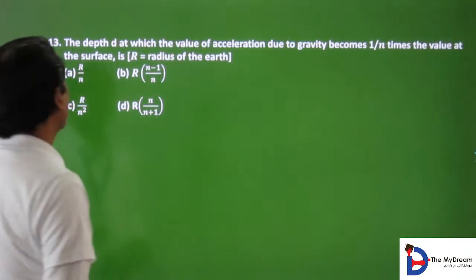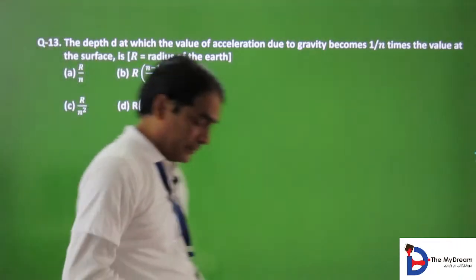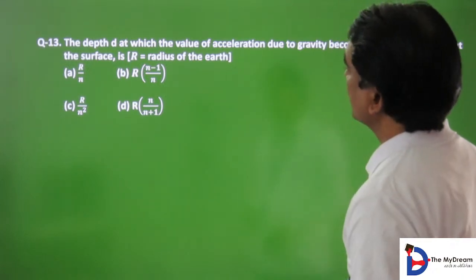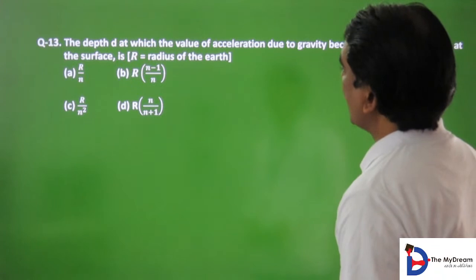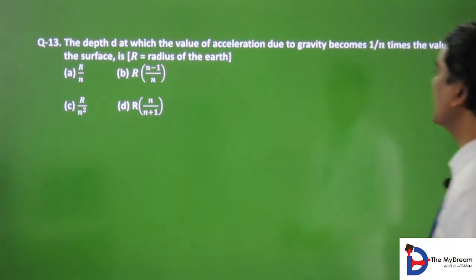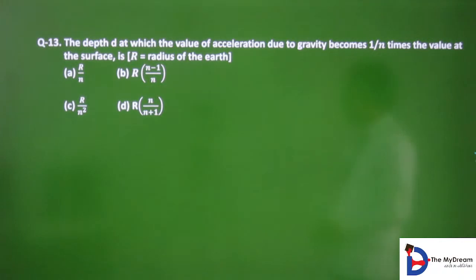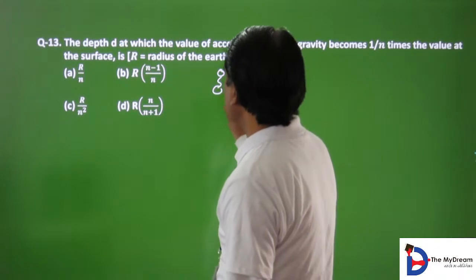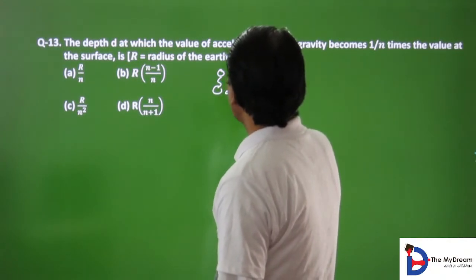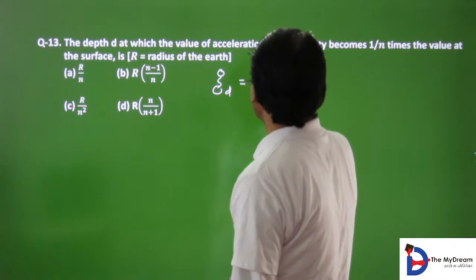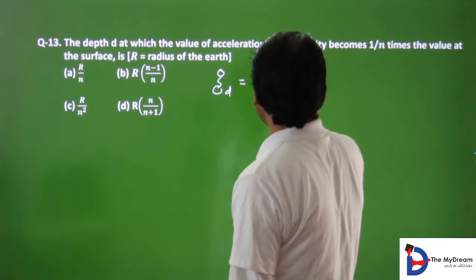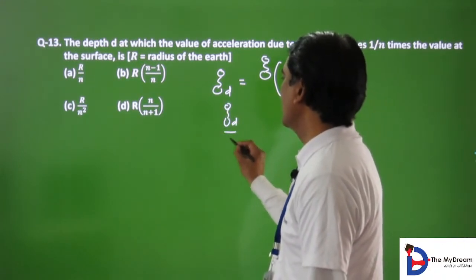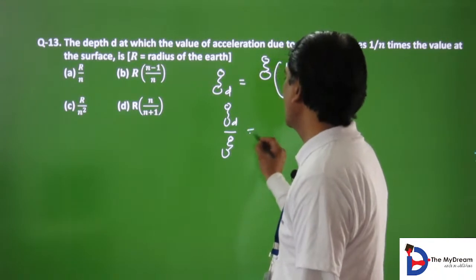Now, the depth D at which the value of acceleration due to gravity becomes 1 upon n times. So, gravity at the depth D will become this. So, Gd upon G is equal to 1 by n.